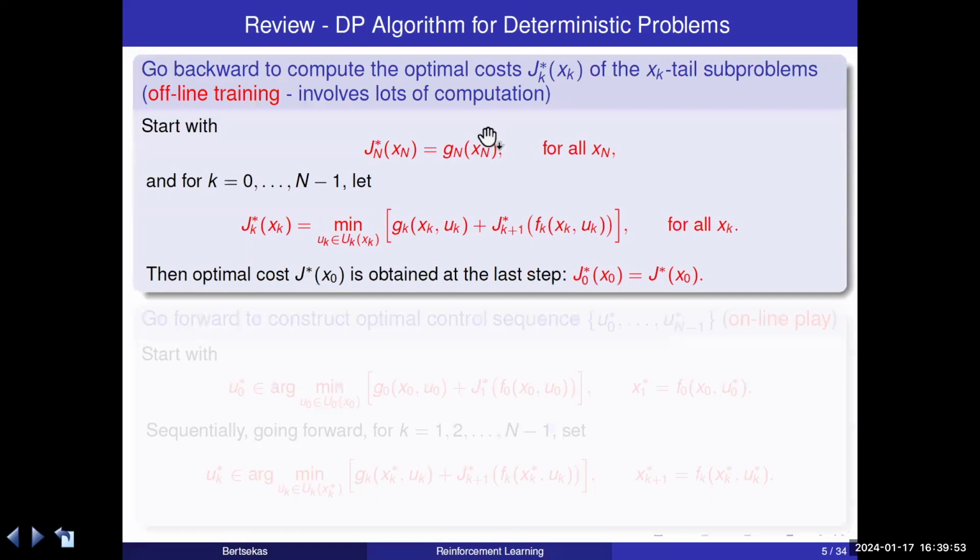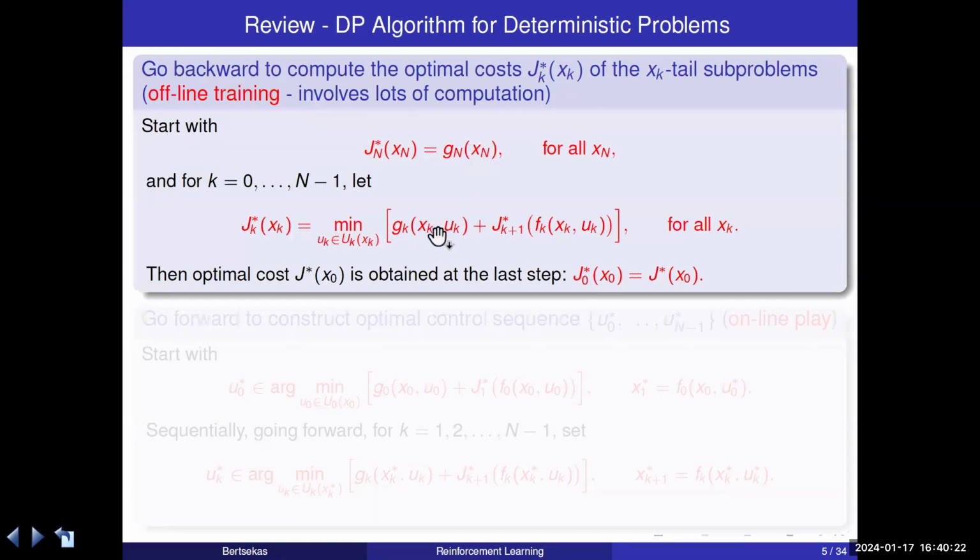So we discussed the dynamic programming algorithm and the principle of optimality, which computes the optimal cost of all the tail subproblems that start at a given state xk at a stage k. We call this the J star values, okay? There are many of those. Dynamic programming will compute all of those, and it will start at the terminal stage with just the terminal cost function.